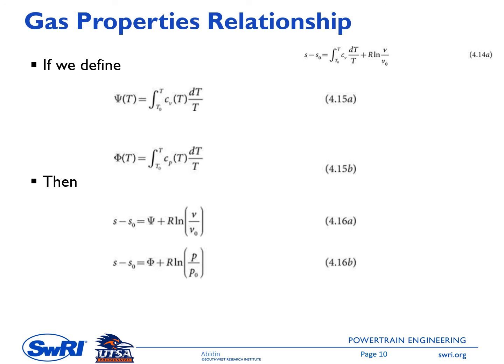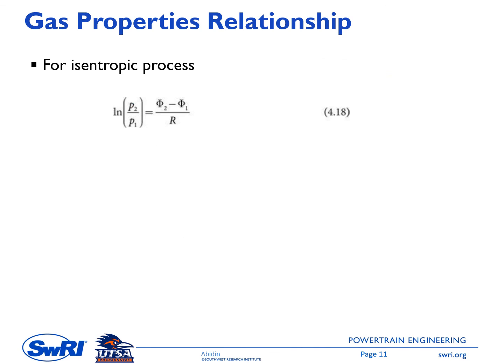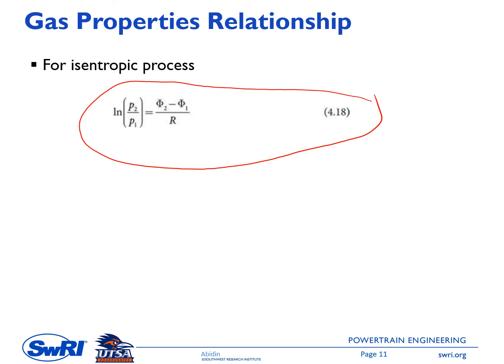Next, if we define this parameter as the integral of this one, and this one as the integral of this one, then you can simplify this entropy equation, equation 4.14a, and you will get this one. And for the isentropic process, you can simplify it to equation 4.18.